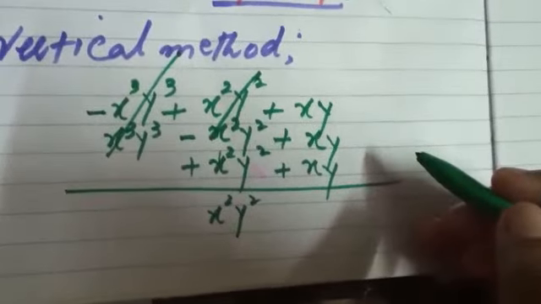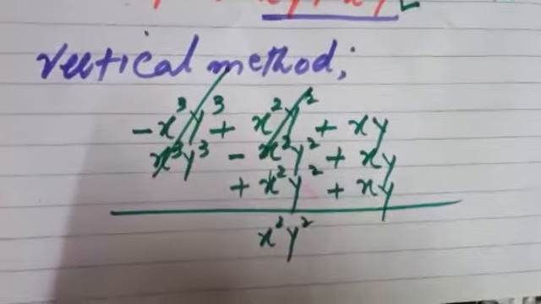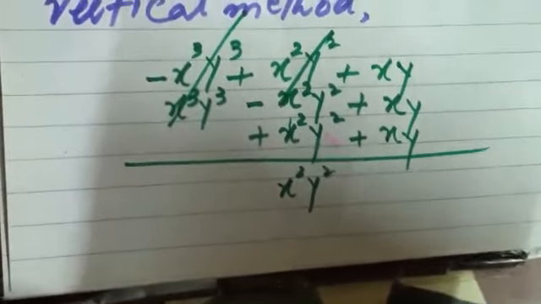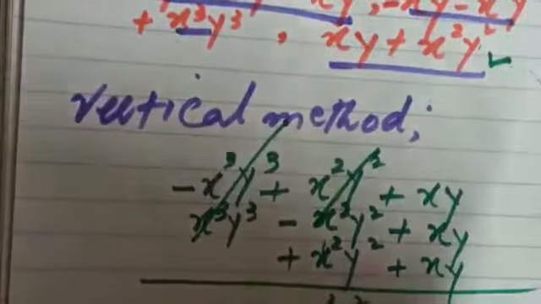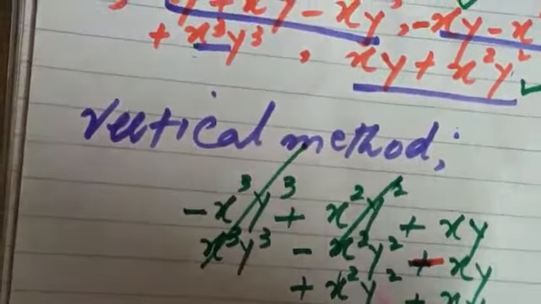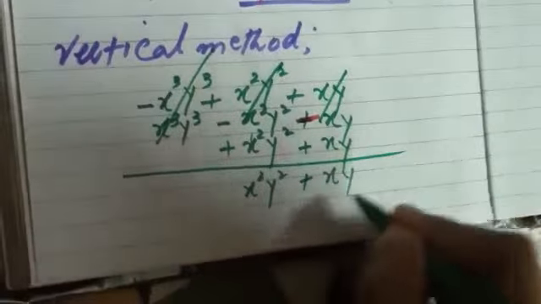And over here minus xy is negative. In the second expression this is negative, so write it here. I can cancel it, this is cancelled by this, and what is left is only plus xy.